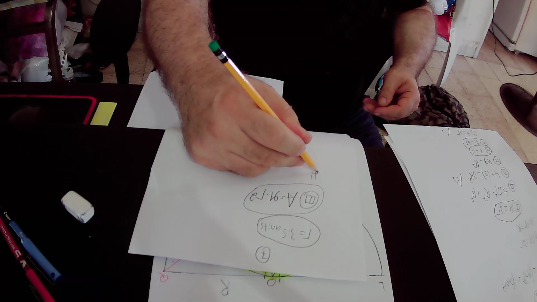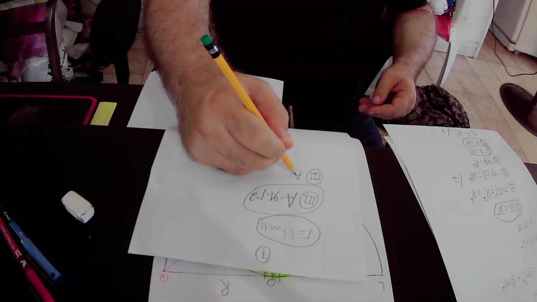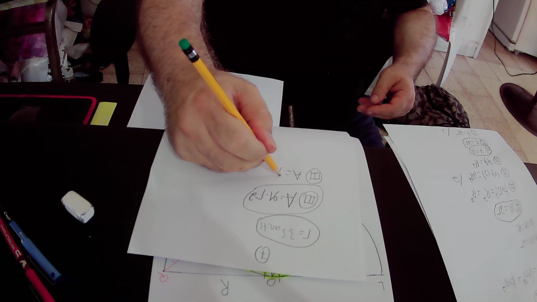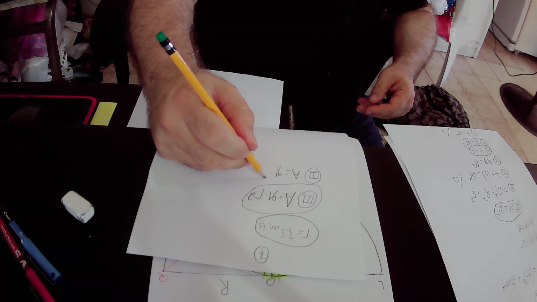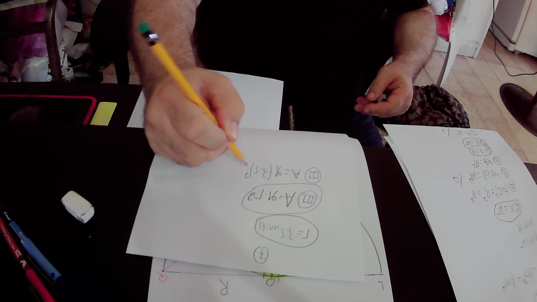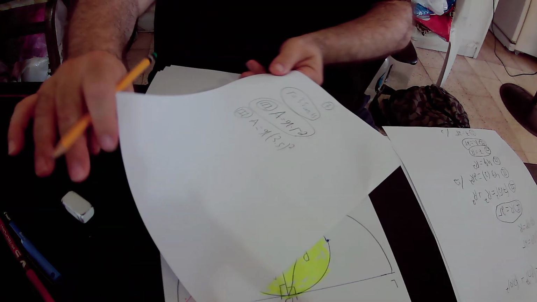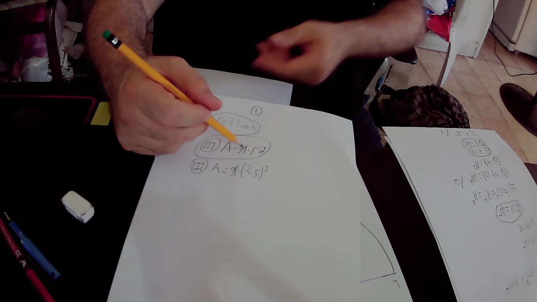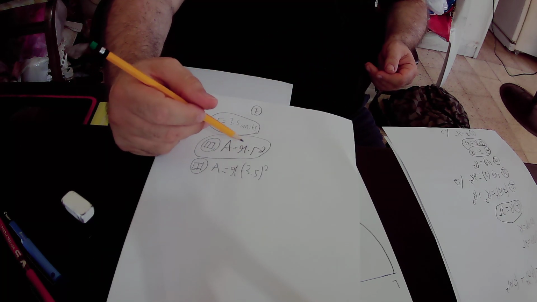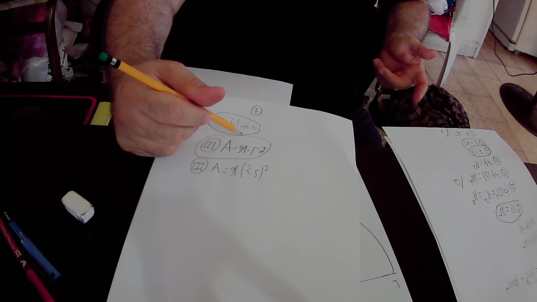We will get that the area of the yellow circle equals pi times 3.5 squared. Okay, so I substituted the radius of the yellow circle by 3.5 because the radius equals 3.5 units.